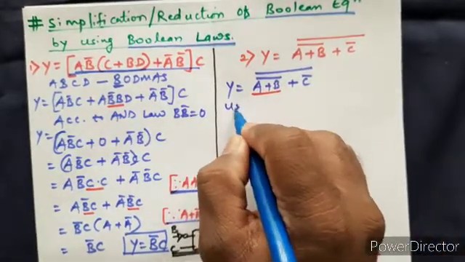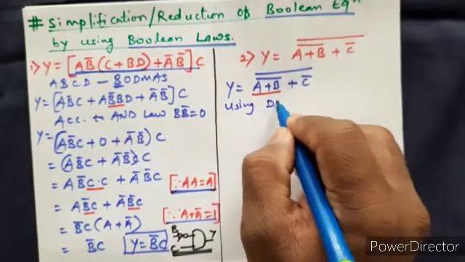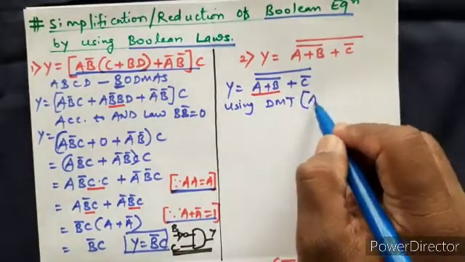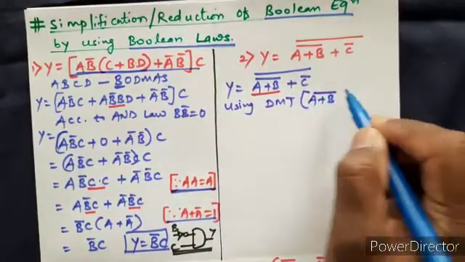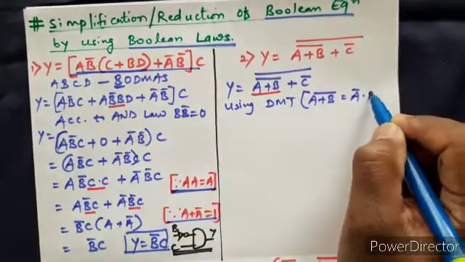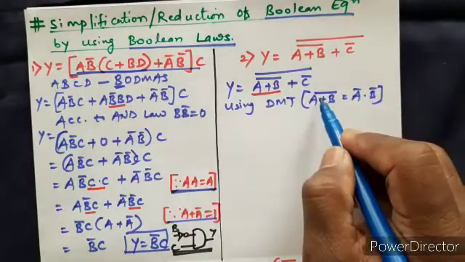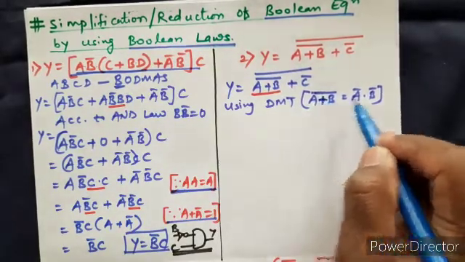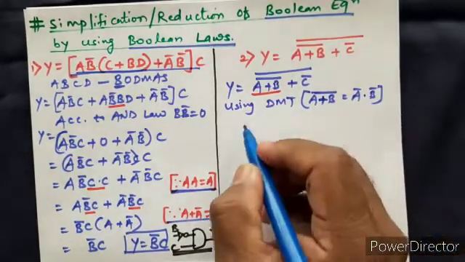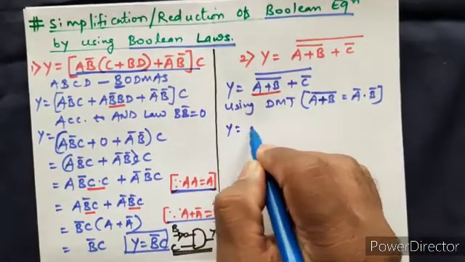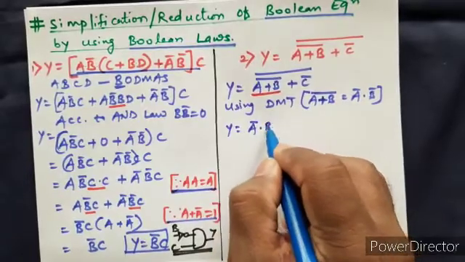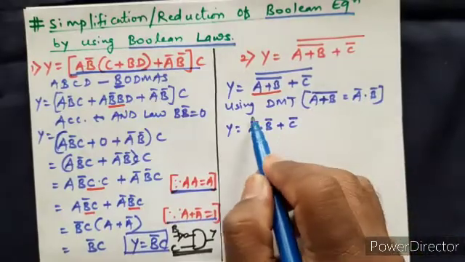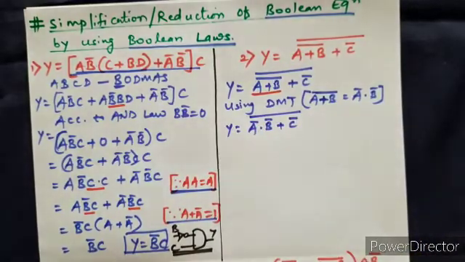So using De Morgan's theorem, what does it say? (a plus b) whole bar equals a bar dot b bar. This whole bar is divided into the two variables and plus is converted to dot. So this becomes y equal to (a bar dot b bar plus c bar) whole bar, with the whole bar here again.